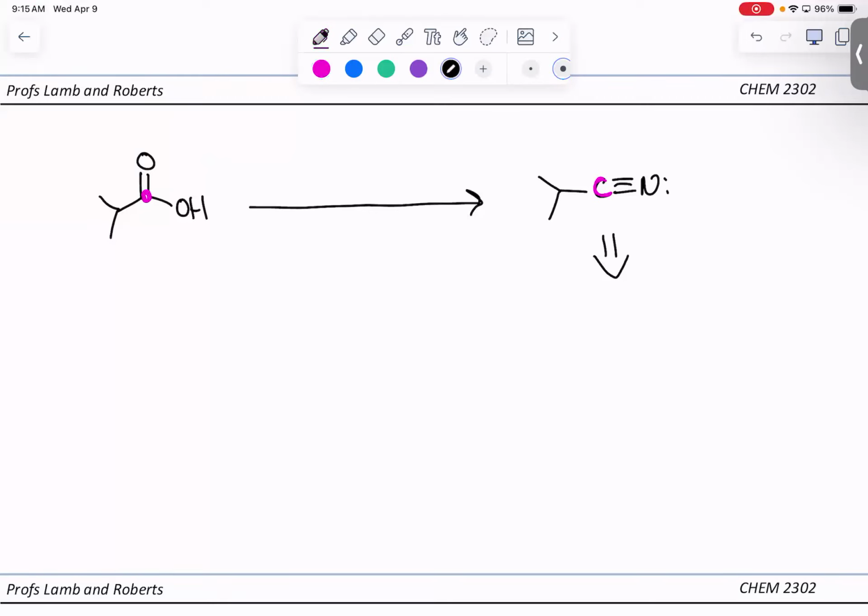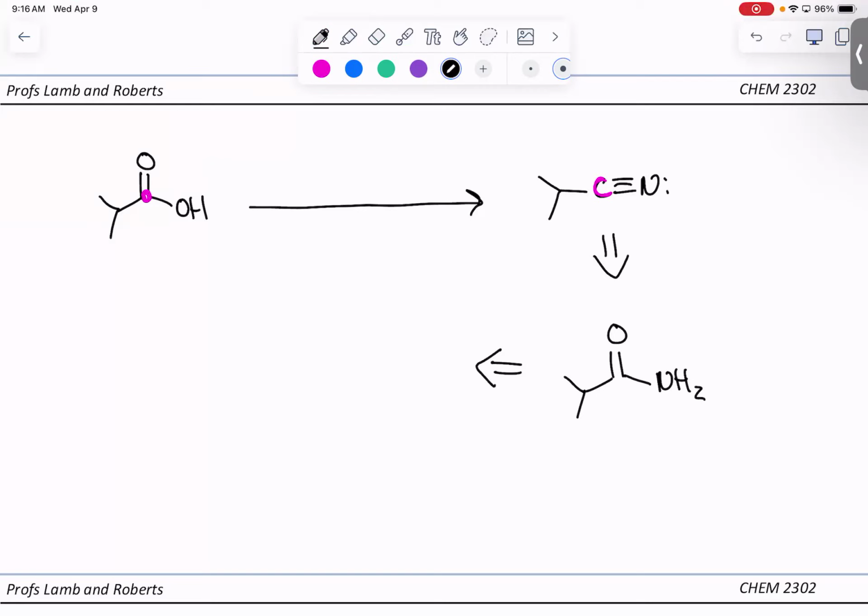Okay, so let's see what one way to make this molecule would be. So we can take our amide that we just learned about, that dehydration. It has to be that primary amide. This is what we just learned about. So how can we actually make amides? We can't really make them directly from the carboxylic acid.